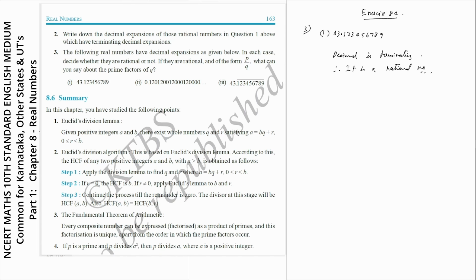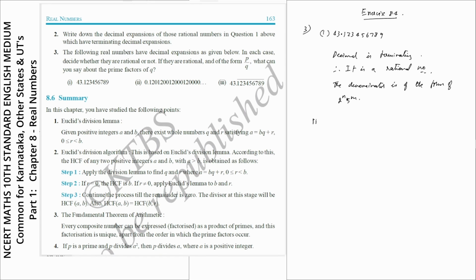And also, if it is a rational number and the decimal is terminating, what can we say about the prime factors of Q? The denominator is of the form 2 power of n into 5 power of m. That means 2 and 5 are the factors of the denominator.